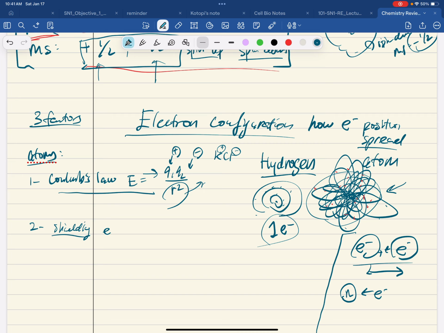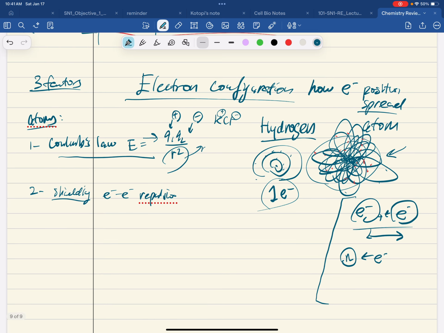Shielding is the electron repulsion. It's a very easy concept: a positive charge is in the center, there are some electrons over here, and there is an outer valence electron.